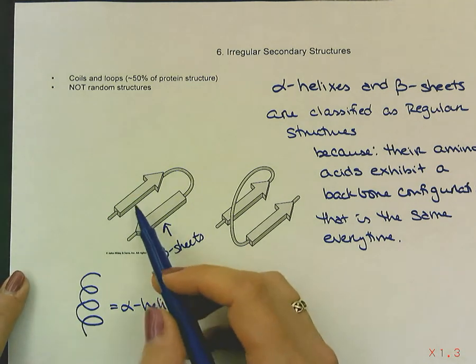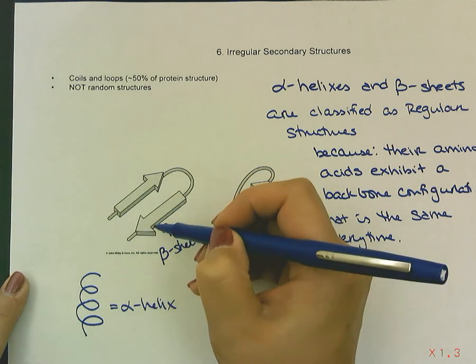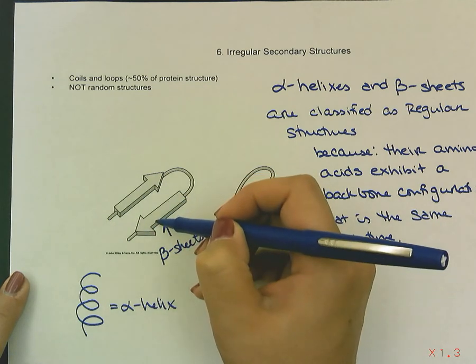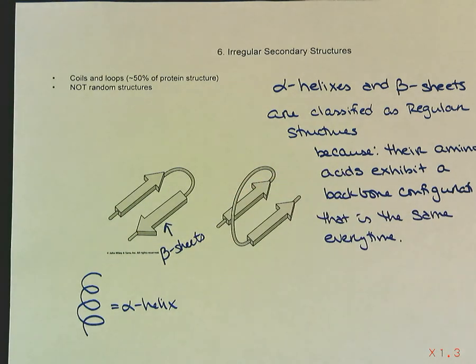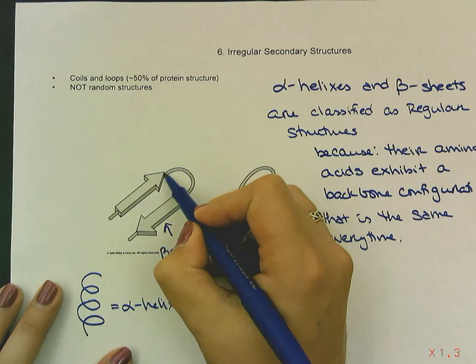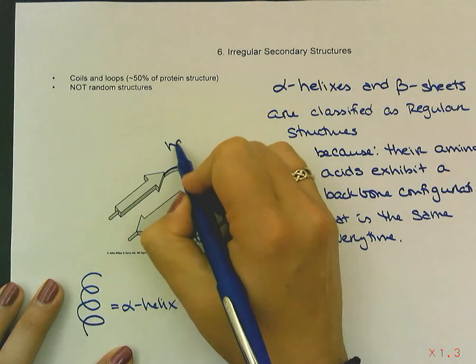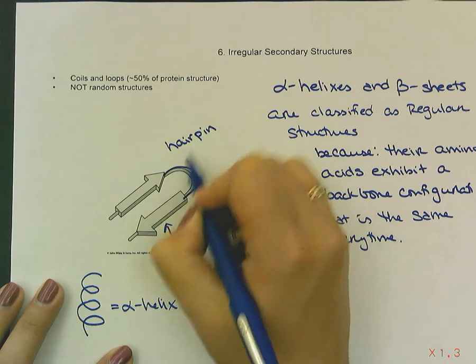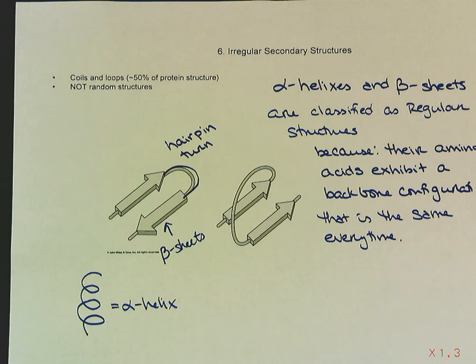And what this diagram is saying is that I have two beta sheets that are lined up side by side, anti-parallel. But at some point, you gotta change direction, you gotta link them somehow. And so this is a hairpin turn that's linking two beta sheets.